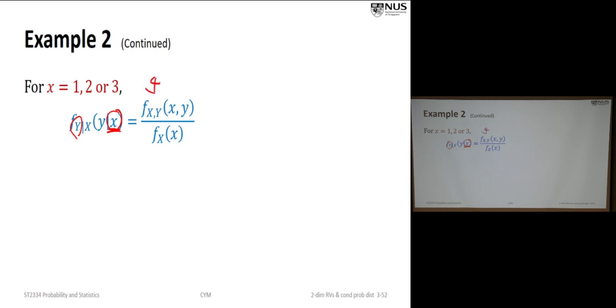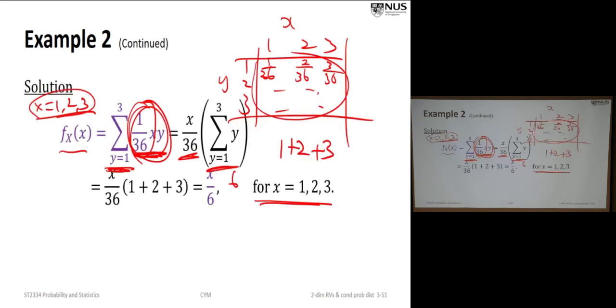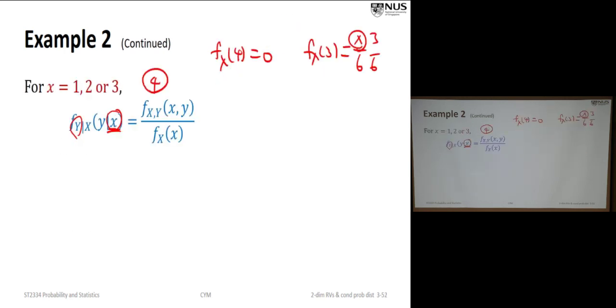Can it be 4? And the answer is no. Why? Because we have already got f of 4 equal to 0, while f of 3 is equal to x over 6, right? X equal to 3, so it's 3 over 6 or half. Yeah, x over 6, all right? So I replace x equal to 3, so it's 3 over 6.